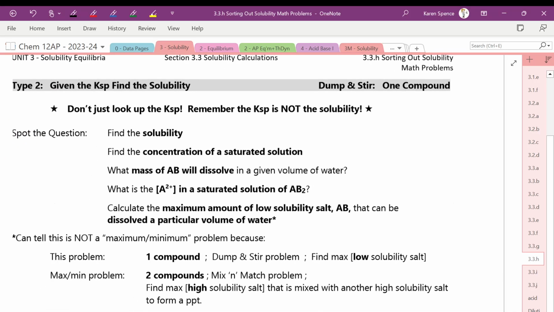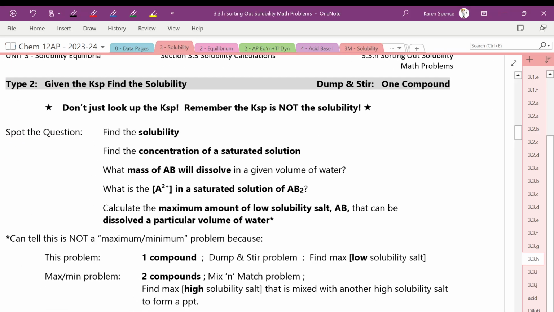Type 2, given the KSP, find the solubility. Don't just look up KSP. This is where people get excited and say, oh, I was given KSP, I look up KSP and that's one of the multiple choice answers. But I'm supposed to find solubility and I write the KSP as my value.